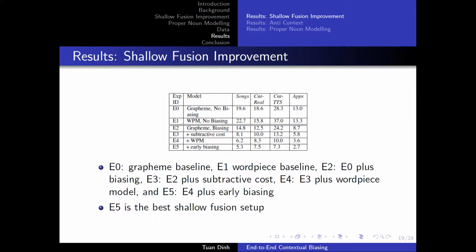E3 is E2 plus subtractive cost. E4 is E3 plus the wordpiece model. And E5 is E4 plus early biasing. E5 is the best shallow fusion setup, which consists of a word-based contextual model, subtractive cost, and early biasing.